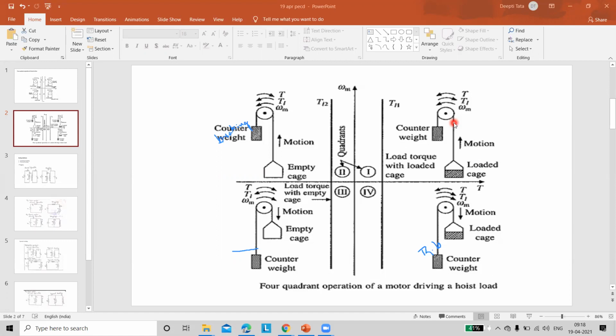And the third one is, observe all the quadrant parameters of torque T and TL. T means the torque of the motor, and TL is the torque corresponding to the load. Whenever you observe the directions of these two parameters, they are opposite to each other.